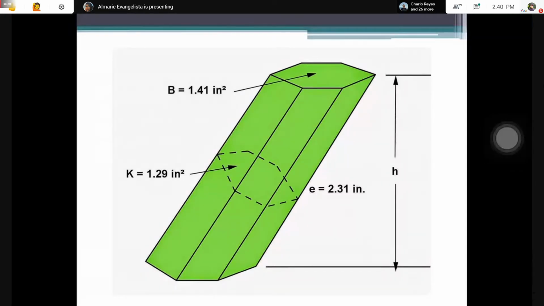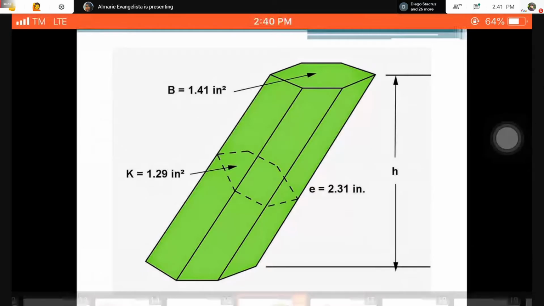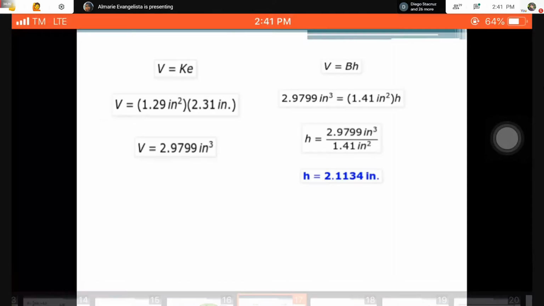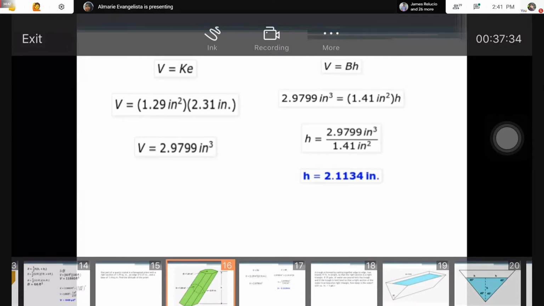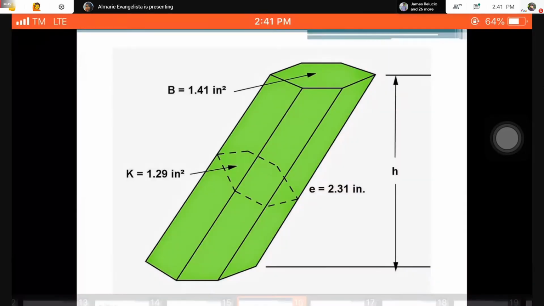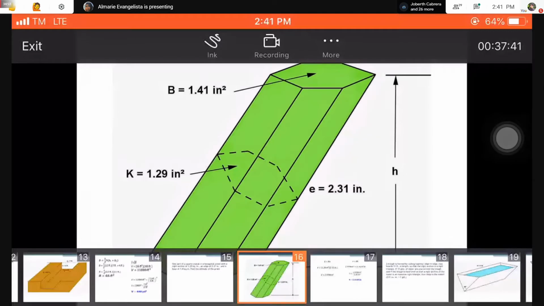So, eto siya. Since nagbigay ng measurement yung right section na yon, kukunin natin yung volume niya. Ang binigay na dimensions is 1.29 square inch and 2.31 inch. So, ang magiging volume niya is 2.98, kahit 2 decimal place na lang, 2.98 cubic inch.